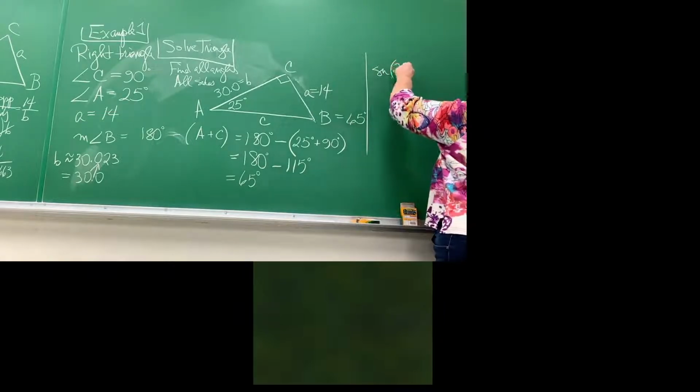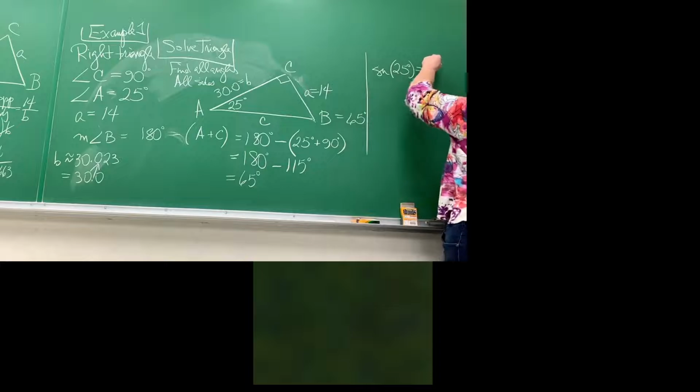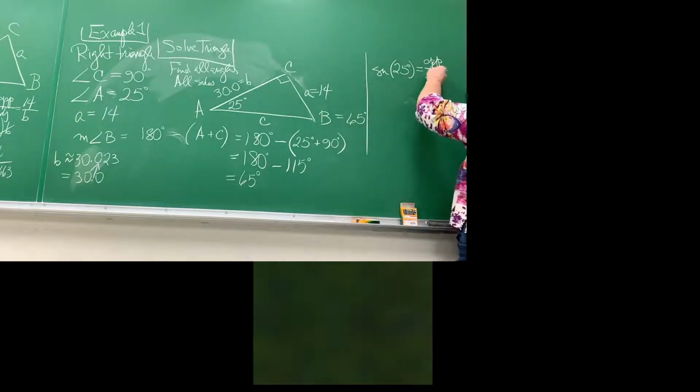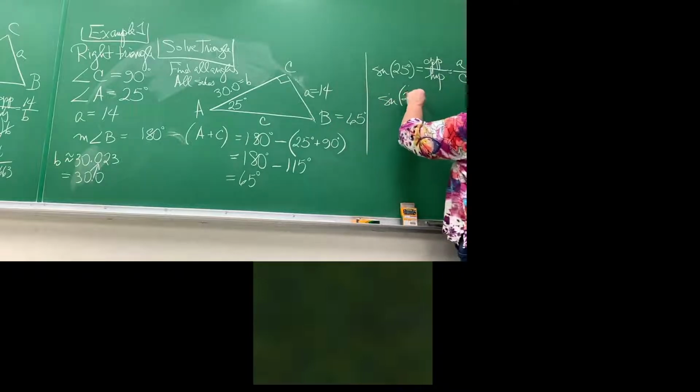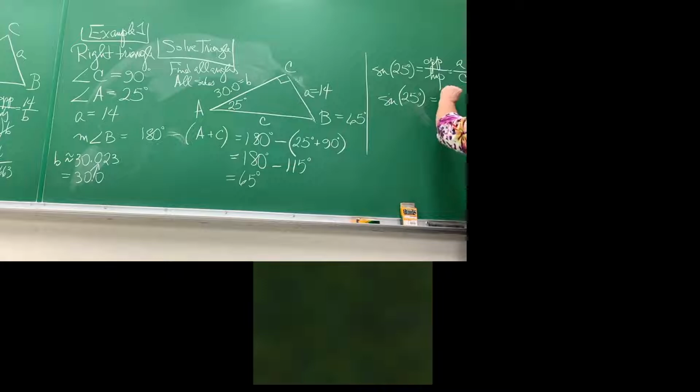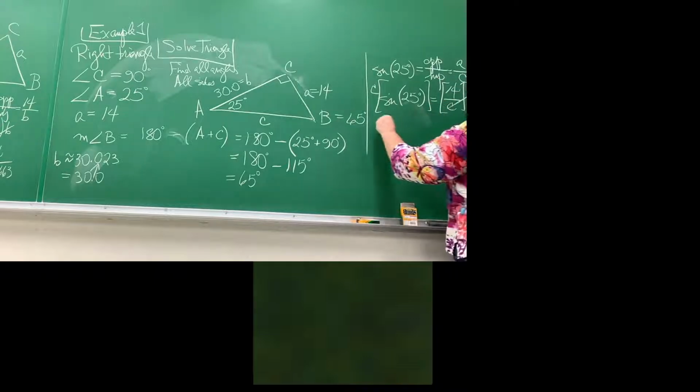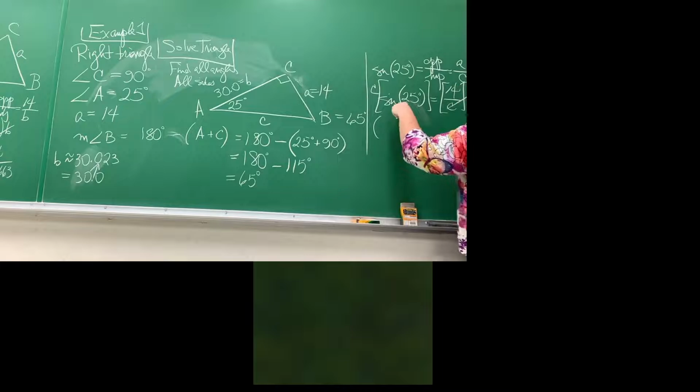So we know that sine 25 is opposite over hypotenuse, which in this case is a over c, and a is 14. So the sine of 25 degrees is 14 divided by c. And what can we do? Multiply it. Good.